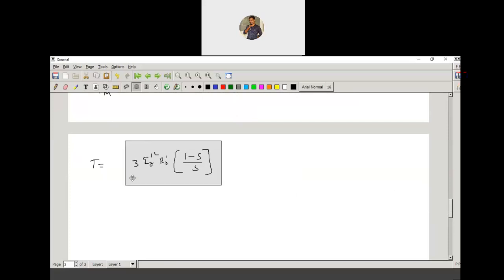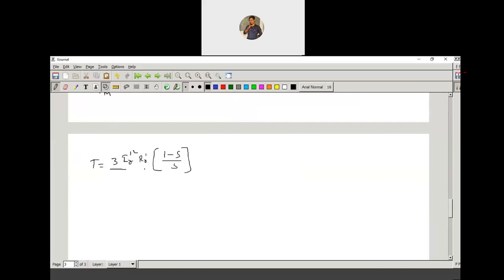This is the mechanical power developed, and also we have it by the motor speed omega r, or you can take it as omega m also. Okay, so from this you can also write, we already said omega r equals 1 minus s times the synchronous speed.